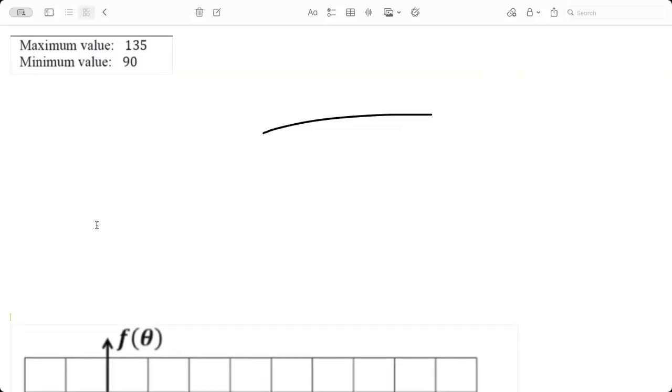Maximum value is 135, minimum value is 90. Where is the midline and what is the amplitude? You can send it to me, guys. Now I am going to introduce transformation on sinusoidal graphs.